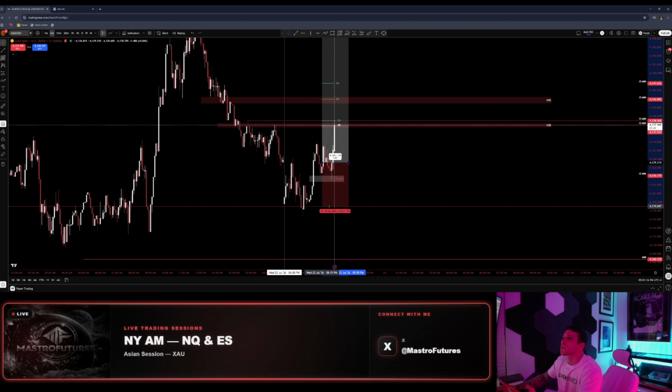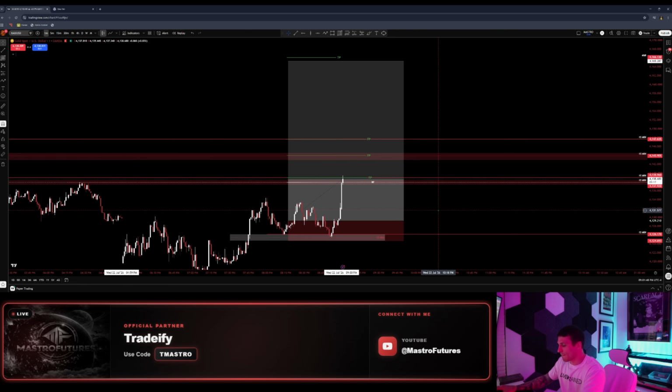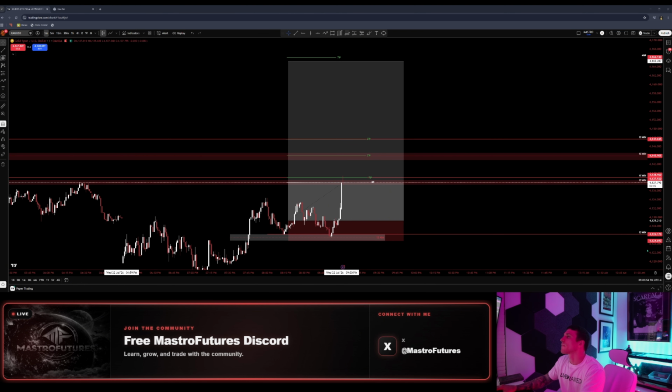We're going to trail stop below this low as of now. Definitely a potential reversal spot. Let's see if we can continue though.